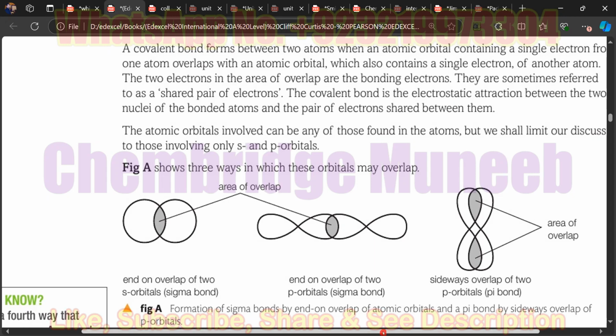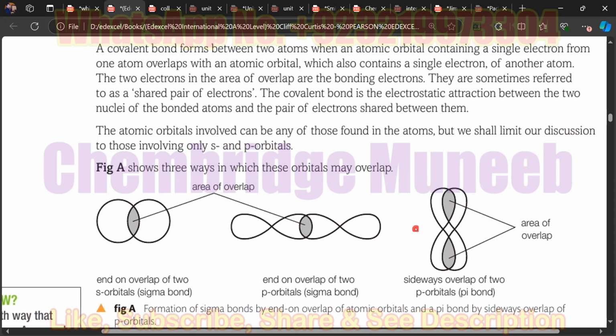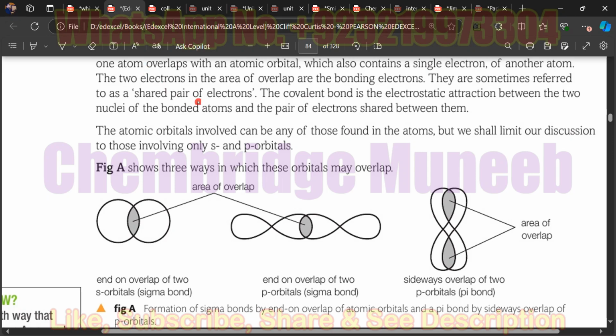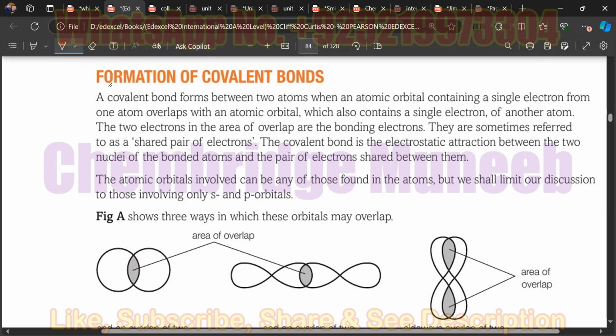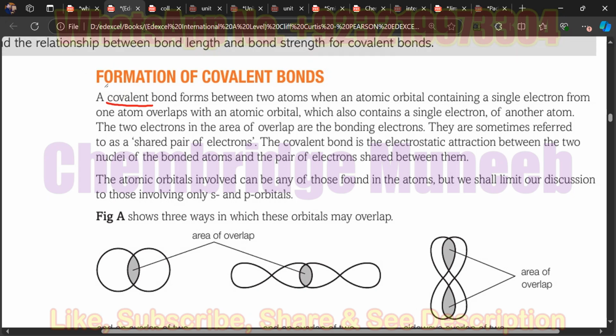These are showing the overlapping of the subshells. So a covalent bond is formed between two atoms when an atomic orbital containing a single electron from one atom overlaps with an atomic orbital which also contains a single electron of the other atom. They should have mentioned single covalent bond because these words show that they are showing a single covalent bond.